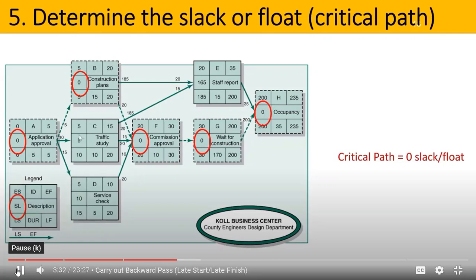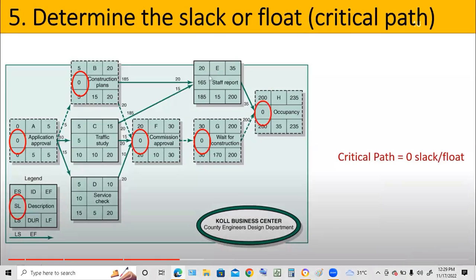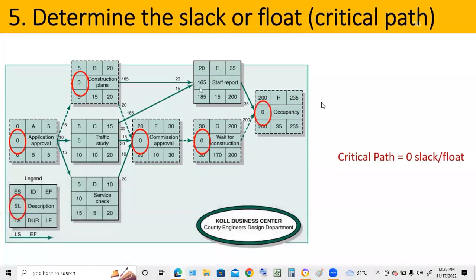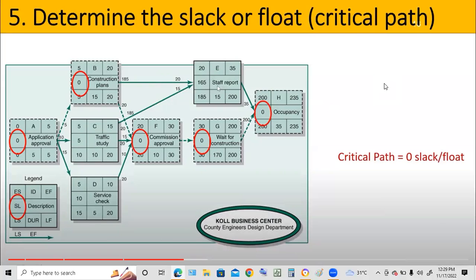Now what this means is that slack or float is the time you have up your sleeve on each task or activity to complete it and still keep the project on track. So this is telling us that we have quite a bit of decision making and quite a few options as to when we start this staff report.